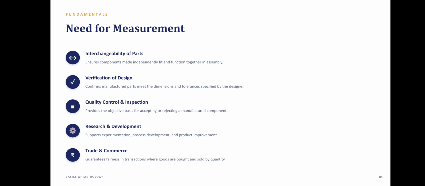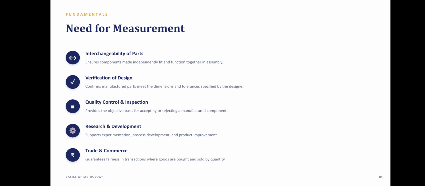It provides the objective basis for accepting or rejecting a manufactured component. The fourth one is research and development. It supports experimentation, process development and product improvement. The final one is trade and commerce. It guarantees fairness in transactions where goods are bought and sold by quantity. So, these are the important points in need for measurement.